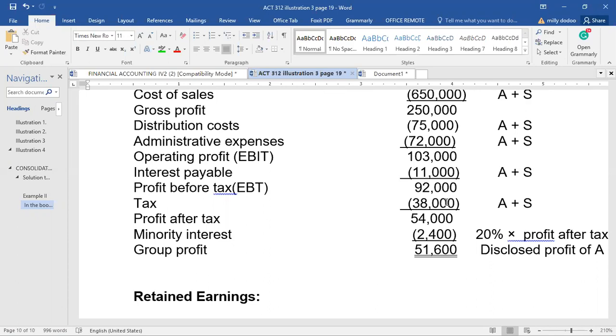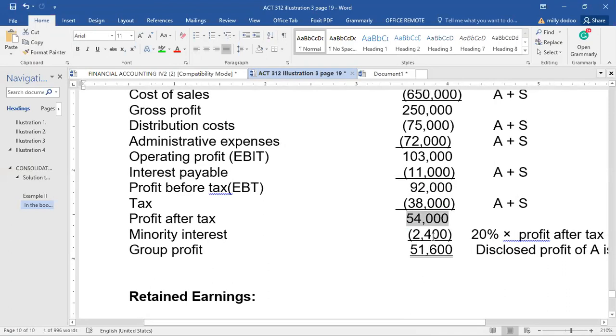All right. Welcome. Sorry for the interruption. So you get your profit after tax of 54,000, and then this 2,400. Who can tell me how I got this 2,400?